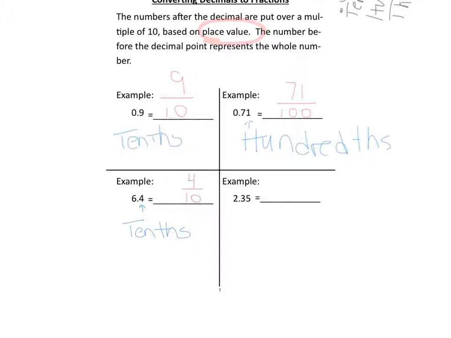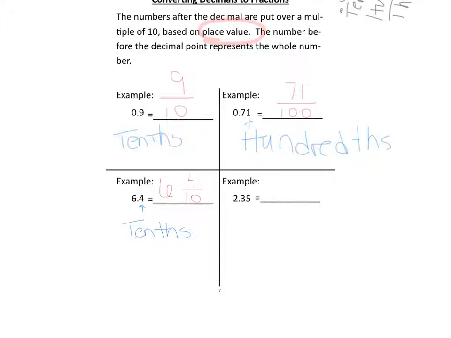Just like on the previous page, the whole number in the decimal represents the whole number in the fraction. So 6.4, 6 remains the whole number. So 6.4 is 6 and 4 tenths. If you're dying to simplify it, go ahead, but we're not at that point and we're not covering that. So you just get 6 and 4 tenths.